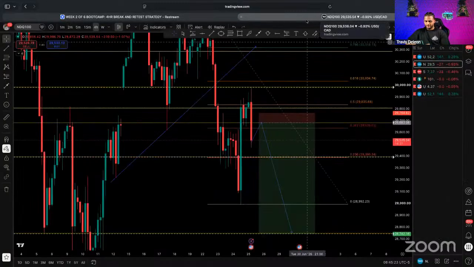Just hope that 4-hour can close below that 29,685 level. Then I know we'll be in for a good trade. That is going crazy.